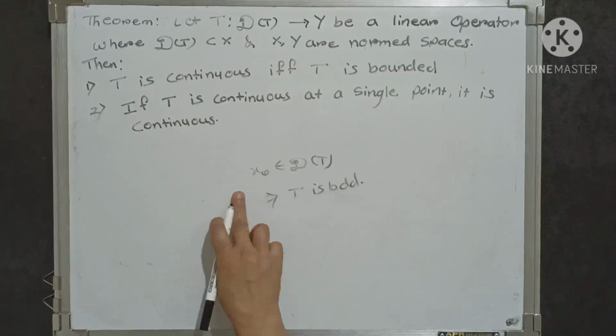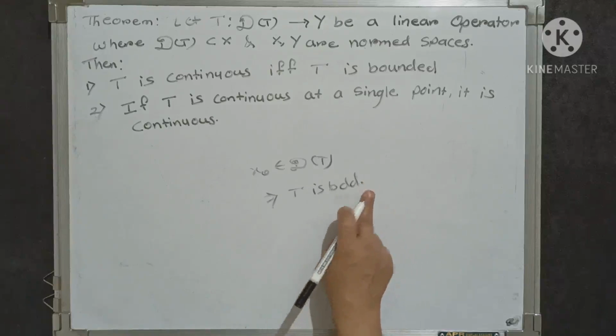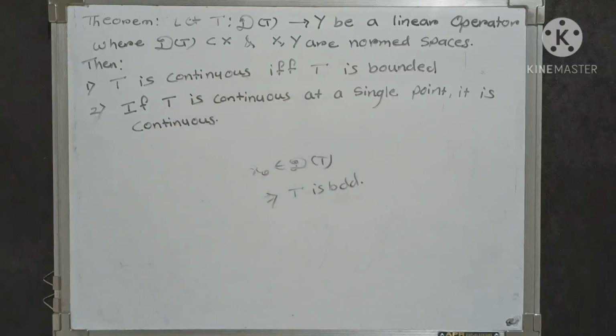That means if T is continuous at a single point, then it is bounded, and boundedness implies that T is continuous. In this way, if T is continuous at a single point, then T is bounded, and boundedness implies continuity again from the first statement, and in this way we prove the second part of the theorem.